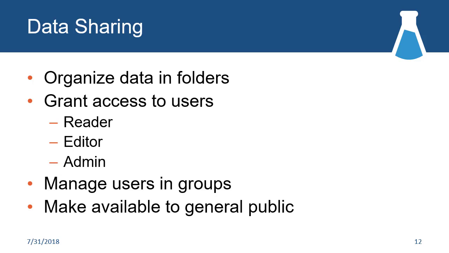And then kind of the last point, if your server is in a place where other groups can get to it, it's not behind a corporate firewall or the like, you can choose to make that data fully public.